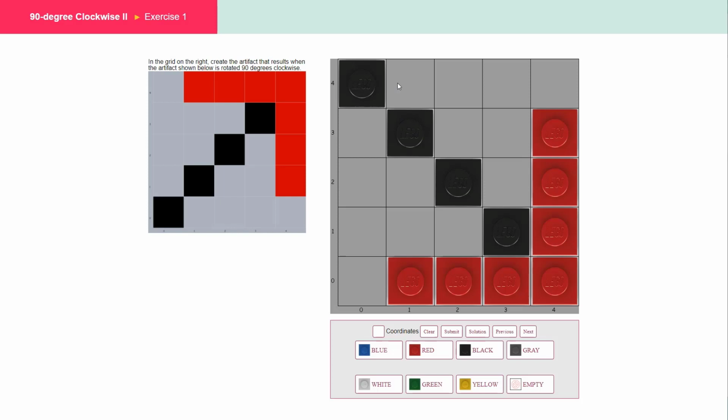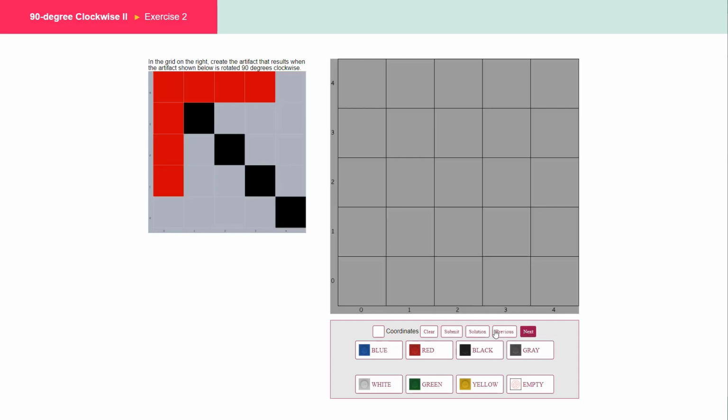So when you're rotating it here, you can use a mixture of moving one individual cell, or a couple of cells, and then filling in the rest, or picturing the whole thing in your head, or doing one cell at a time for every cell in the artifact. All right, let me go ahead and submit this. Good. So we're done with the clockwise rotation example.